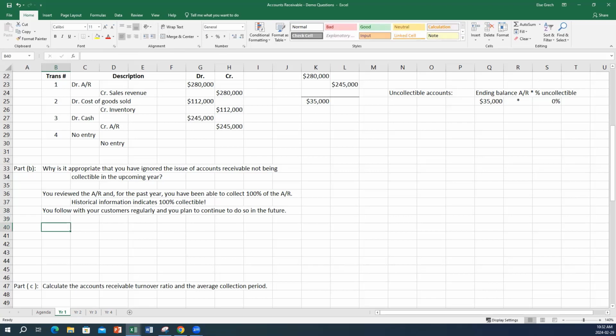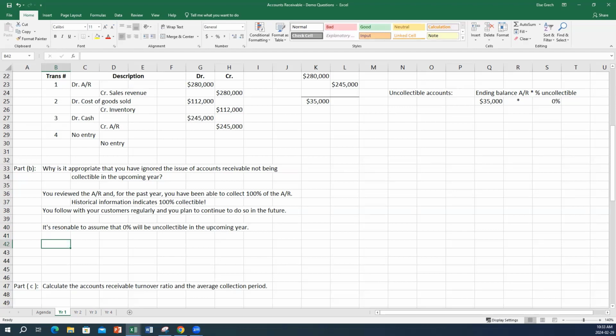So you have to think it's reasonable to assume that 0% will be uncollectible in the future, in the upcoming year.